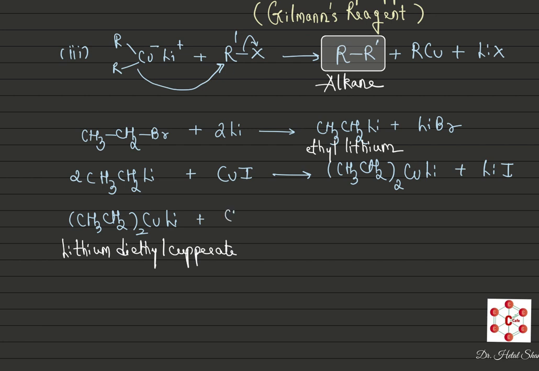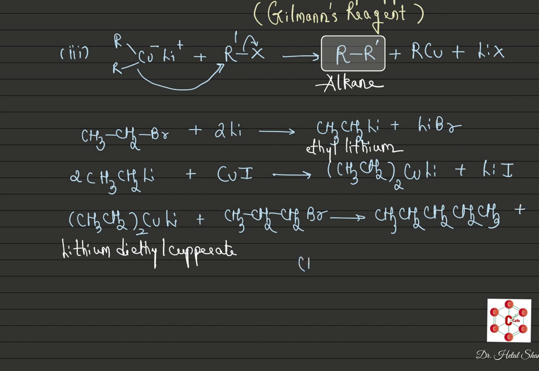any other alkyl halide, I'm taking a propyl bromide. And what would happen? One of the CH3CH2 groups would combine with CH2CH2CH3, giving you pentane plus CH3CH2Cu, that is RCu, and LiBr.